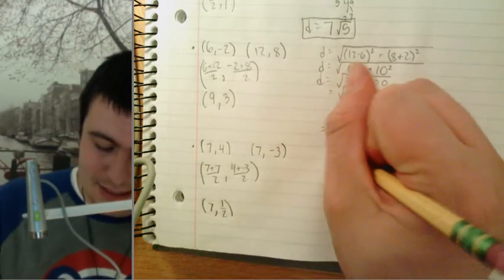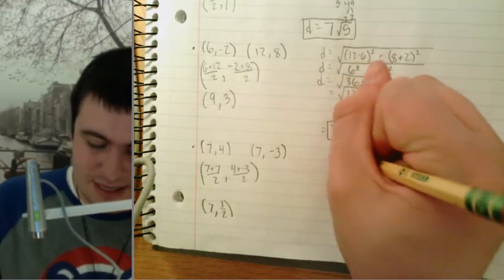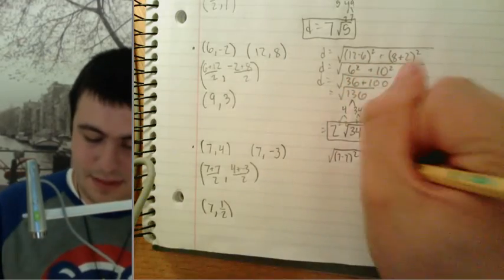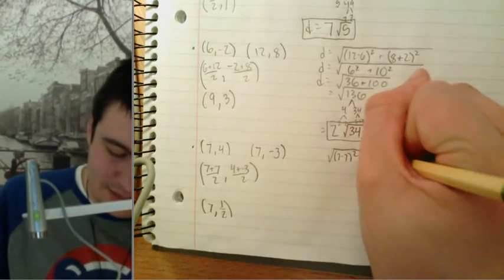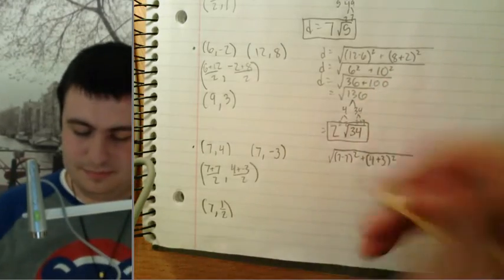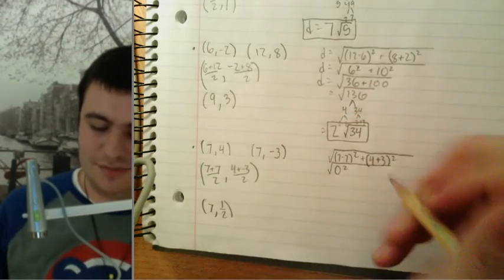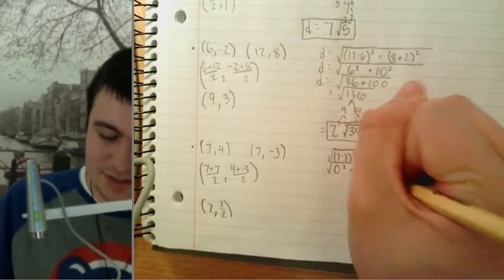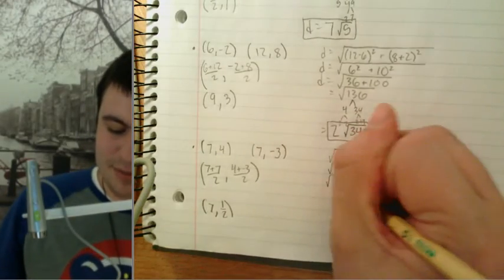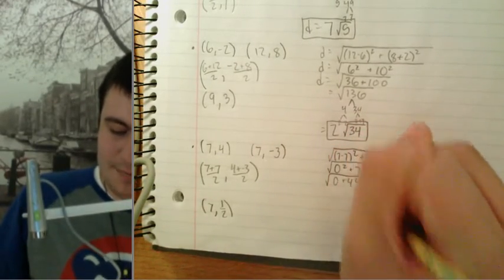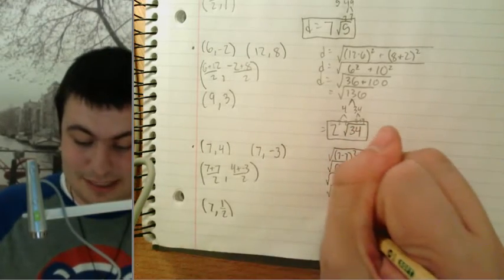Now our distance, we have the difference of x's, so 7 minus 7 squared, plus our difference of y's, 4 minus negative 3 squared. 7 minus 7 is 0 squared, plus 4 plus 3 squared, that's 7 squared. So we have the square root of 0 plus 49. So the square root of 49, well, that turns out to be 7.